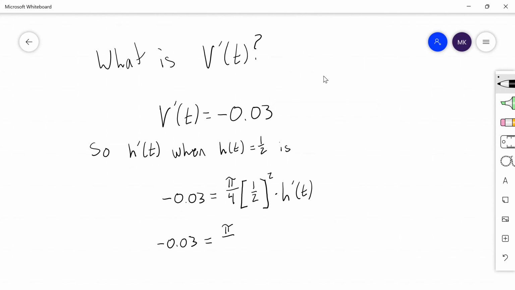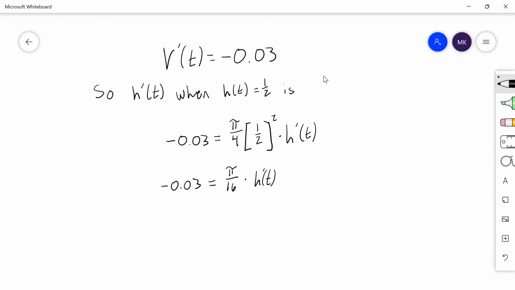Pi over 4 times 1/4 is pi over 16, times H prime of t. So H prime of t is negative 0.48 over pi, which is approximately equal to negative 0.153 feet per second.